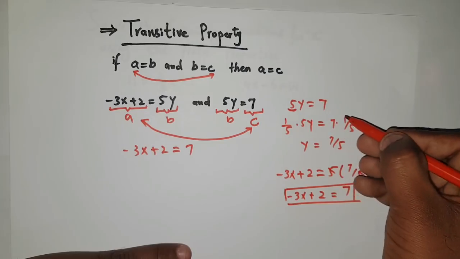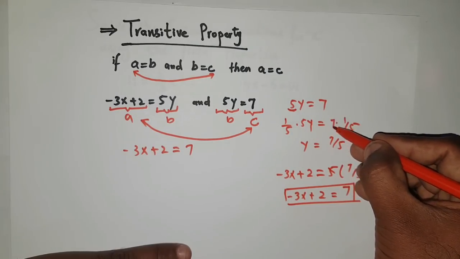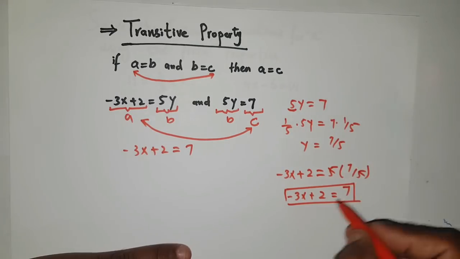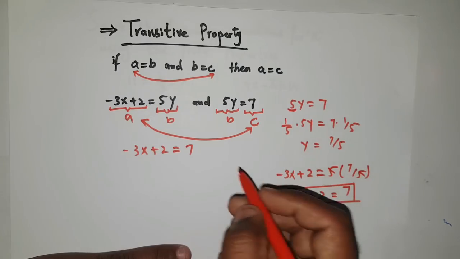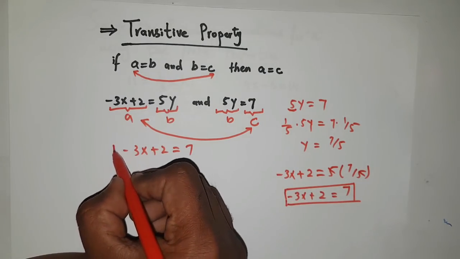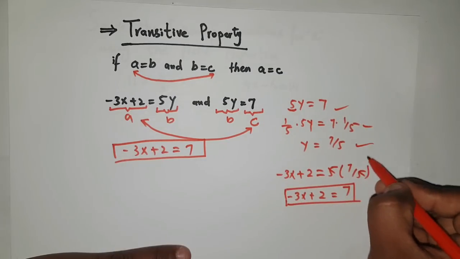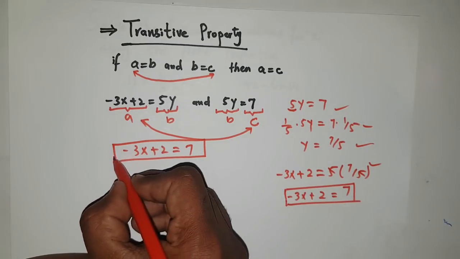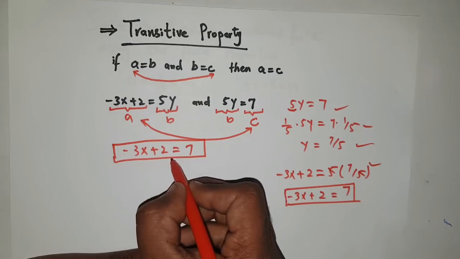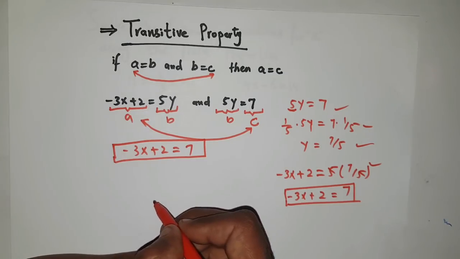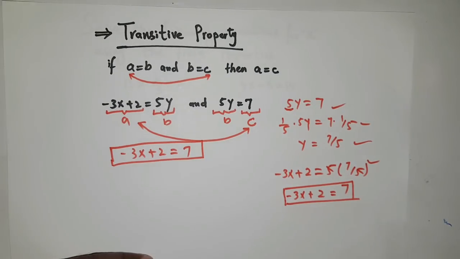So here you can see we need to do some extra steps to reach this stage, but with the help of the transitive property we do not need to solve these steps, and we can directly reach this stage and then solve it for the value of x. This is how the transitive property helps us solve equations.